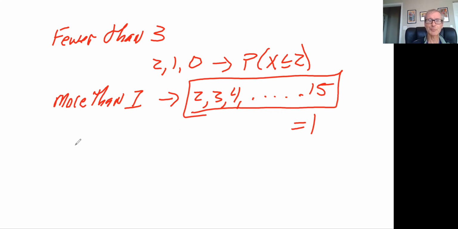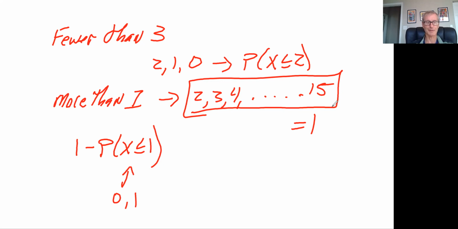When we get to the spreadsheet, we want to do 1 minus the probability of X being less than or equal to 1. This includes 0 and 1. If we subtract it from 1, we get 2 through 15. And that works for every single distribution. This concept we're going to be using literally for the next several weeks moving through the semester.